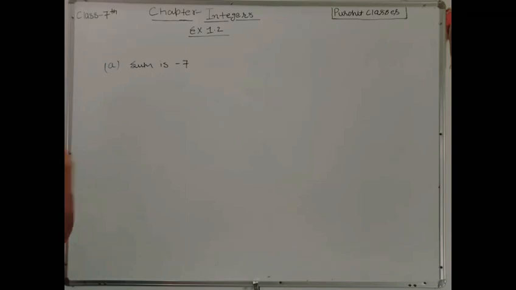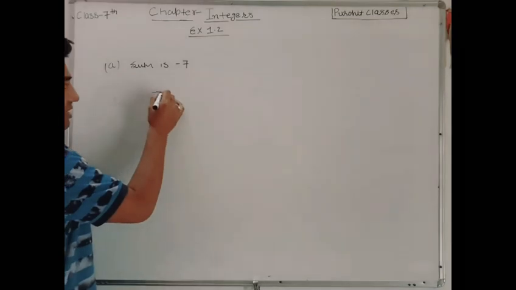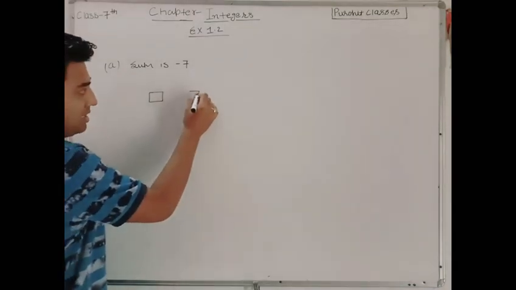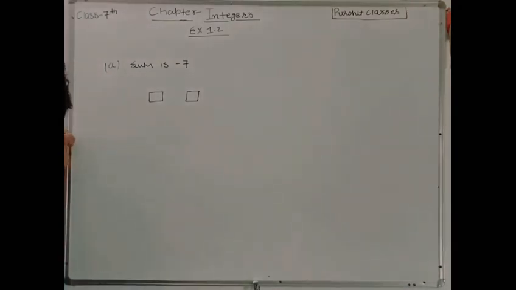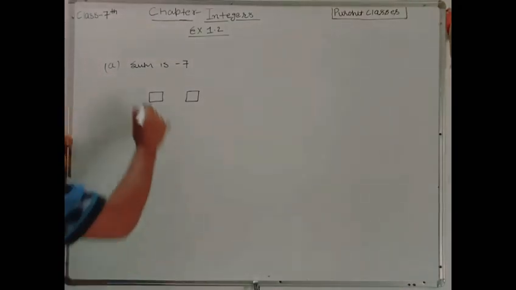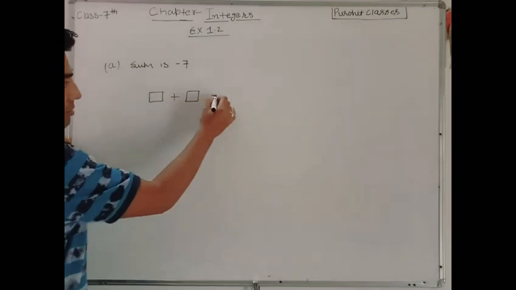Now pay attention. There are lots of ways and we can find more than one answer for this situation. Look, the question is saying we have to write down a pair, meaning two integers, whose sum gives -7.